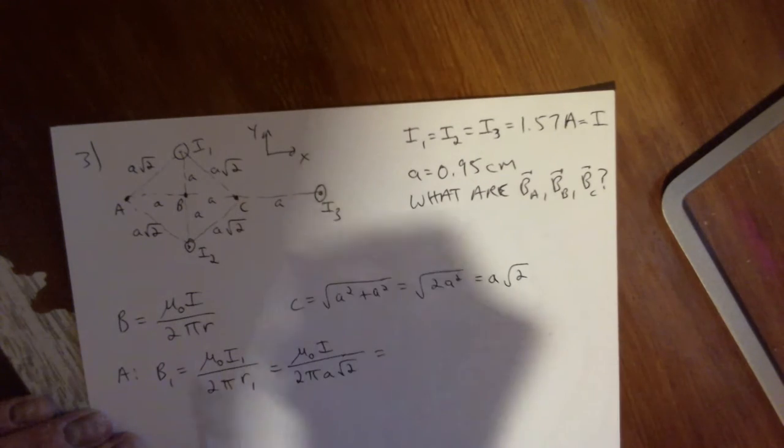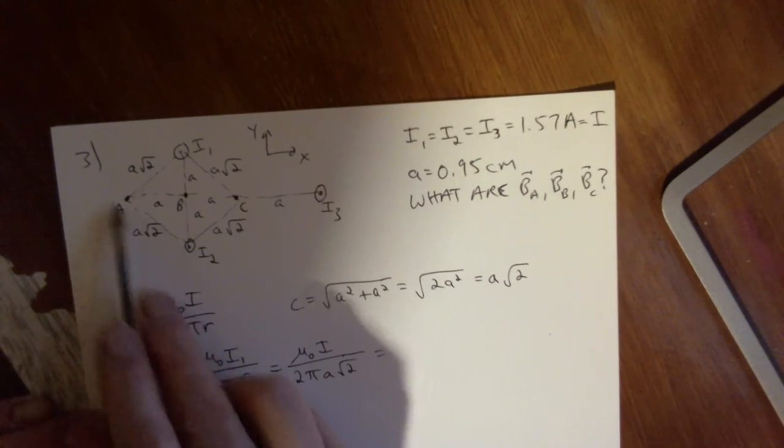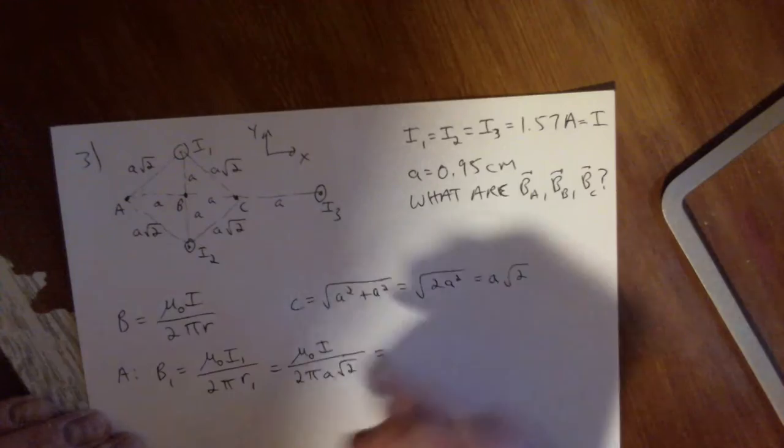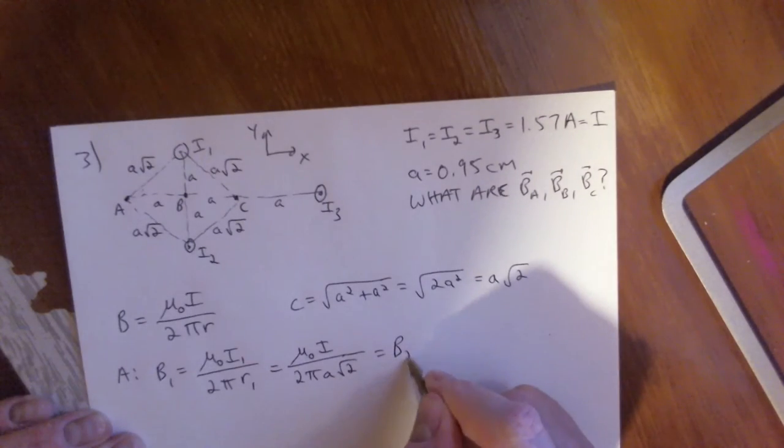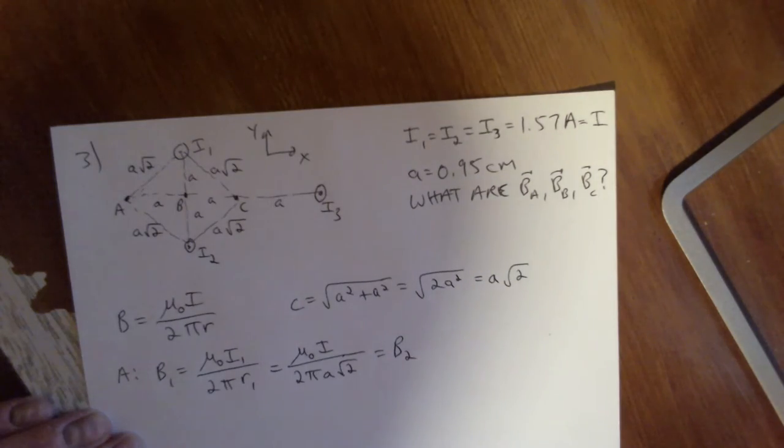And because the current is the same for I2 and the distance is the same for I2, you get exactly the same for the B field due to current 2.